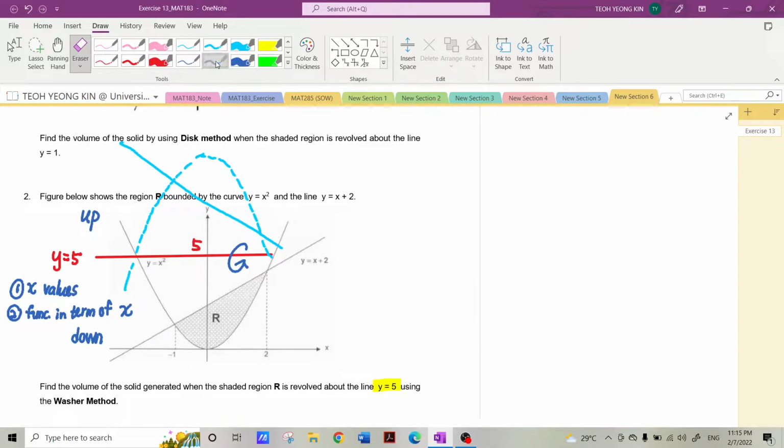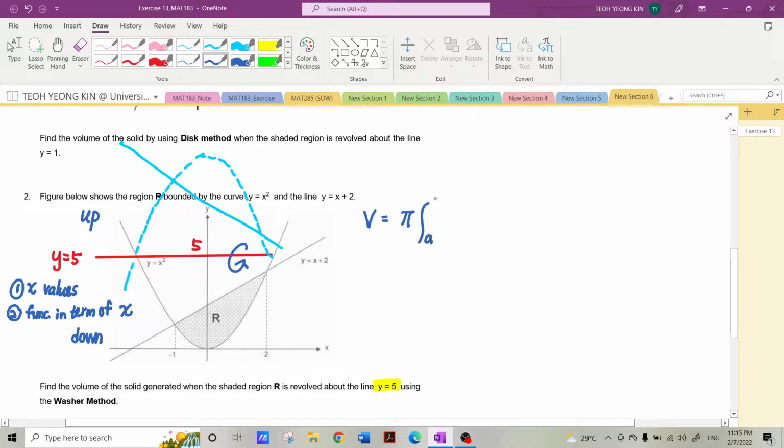Now what we have to do is determine which one is the outer function and which one is the inner function. So volume equals pi integration from a to b.